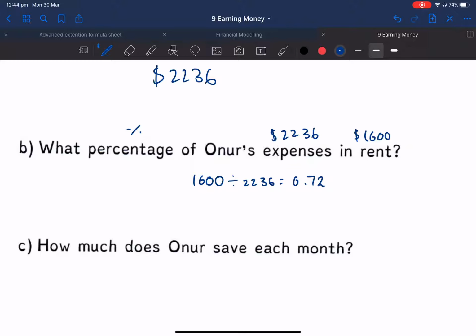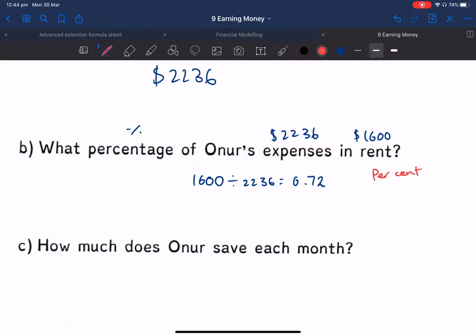Now you'll notice that 0.72 is just my answer. It's not actually a percentage. Be careful, the answer is not 0.72%. Just like we were talking about last week, whenever I want something as a percentage, I need to make it out of 100.